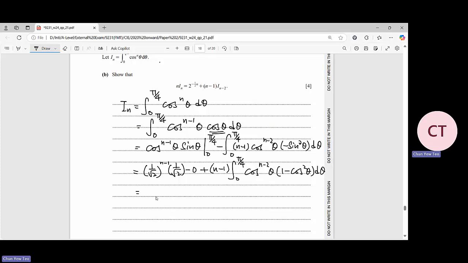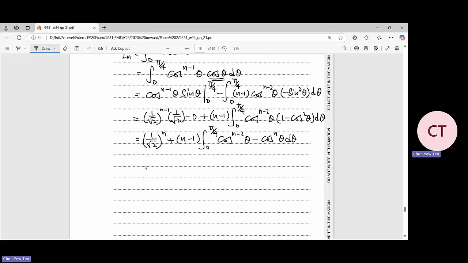By expanding them, this one can become 1 over sec^n of 2θ. Then you will get something like this: cos^(n-2)θ minus a cos^nθ dθ.